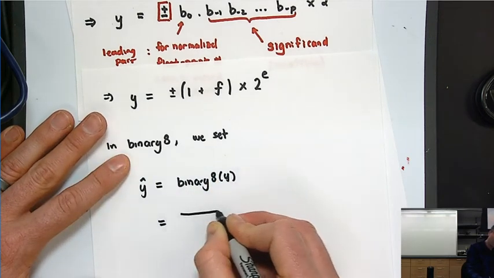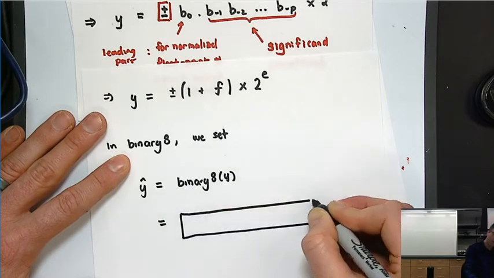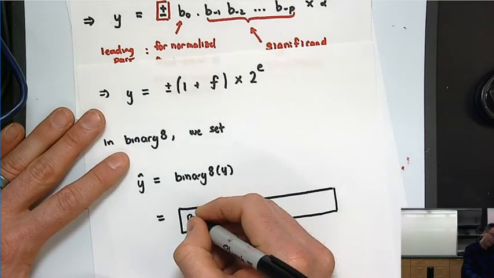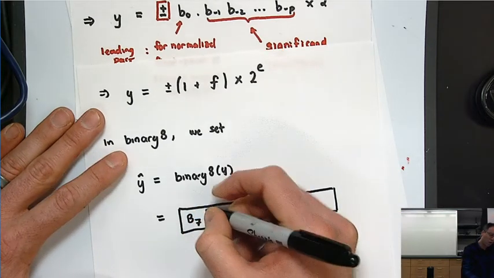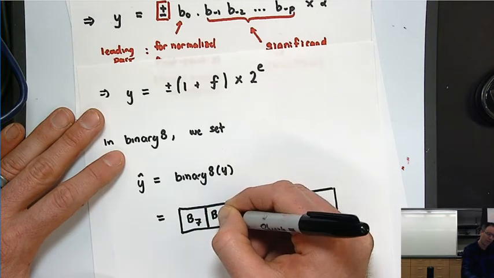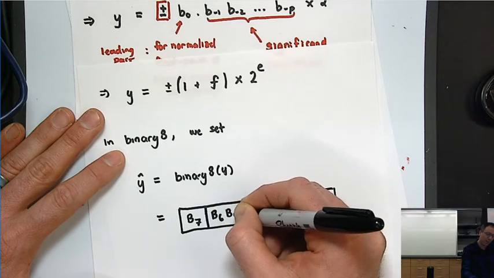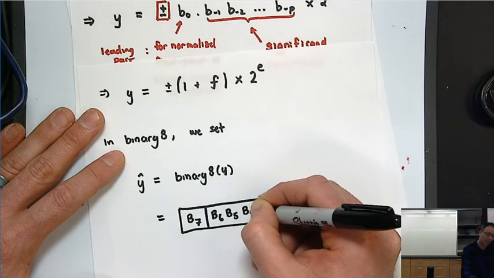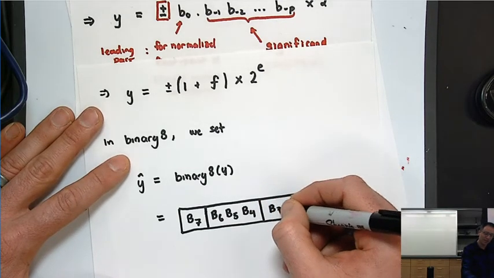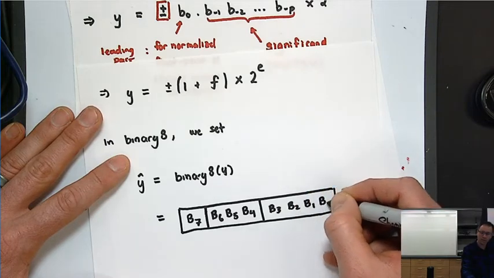I'm going to use capital letters to talk about raw bit strings. So these are non-interpreted. These are literally the values stored in terms of 1s and 0s, not the corresponding interpreted value. And then this would be B3, B2, B1, B0.